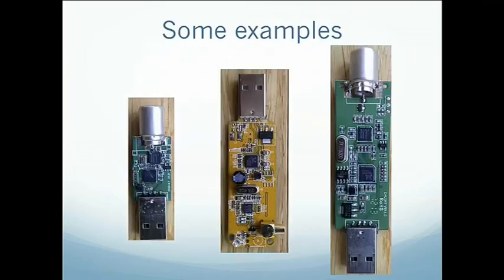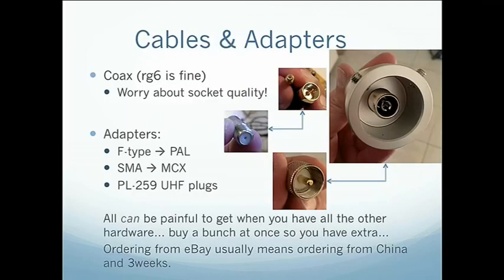And for the guy in the middle here, typically I put SMA to MCX, but really there's F-type to MCX, all sorts to MCX. I think I just made a typo.